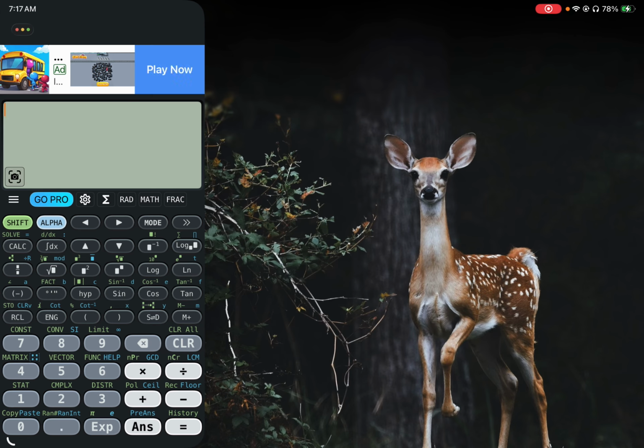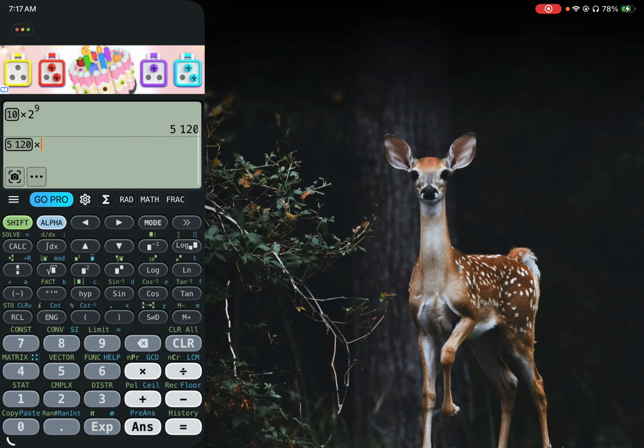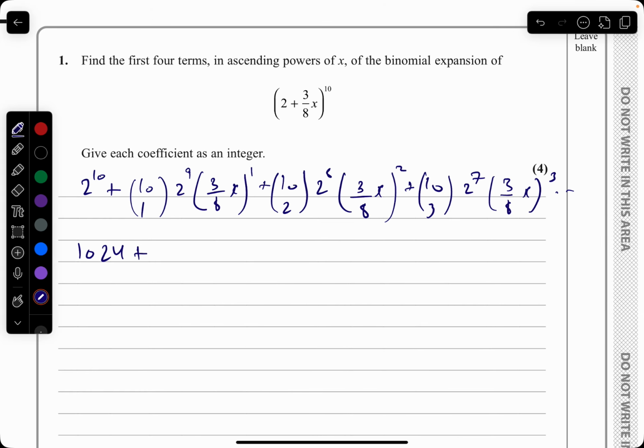You can write 10C1 multiplied by 2 to the power of 9, equals this times 3/8, which gives 1920x. And so on.